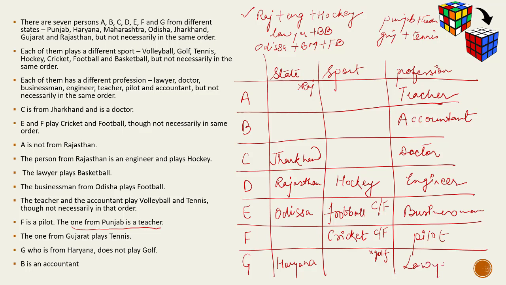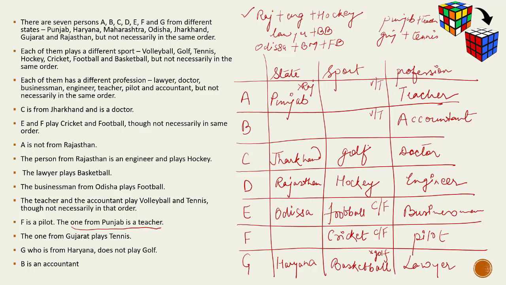And the moment I know that G is a lawyer, we have been given that the lawyer plays basketball. And for the teacher, the state would be Punjab. And for teacher and accountant, the games were volleyball and tennis. So golf would go with C, who is a doctor from Jharkhand.